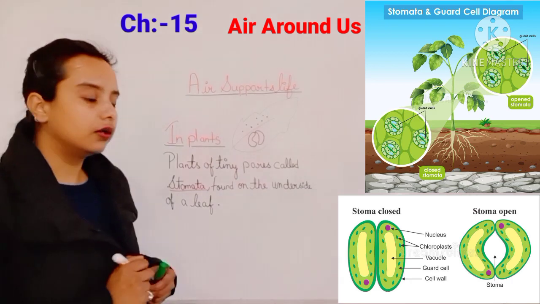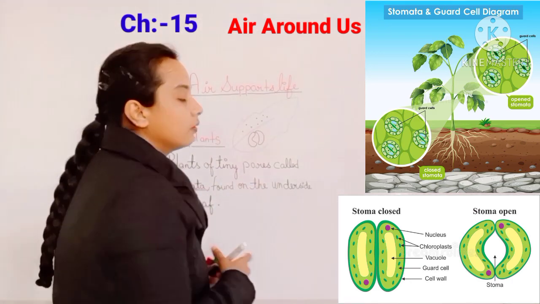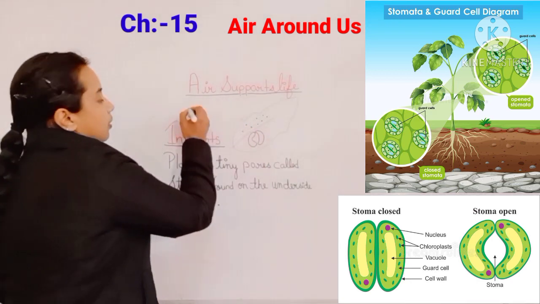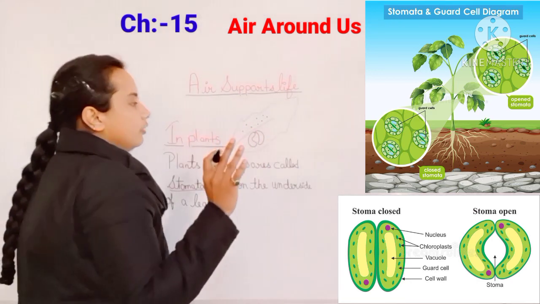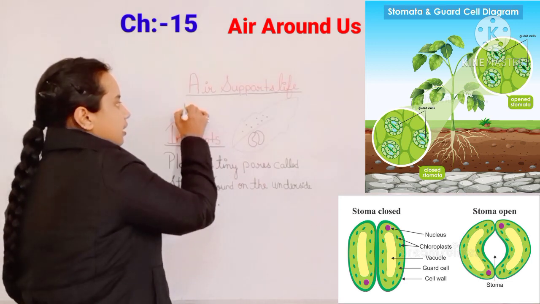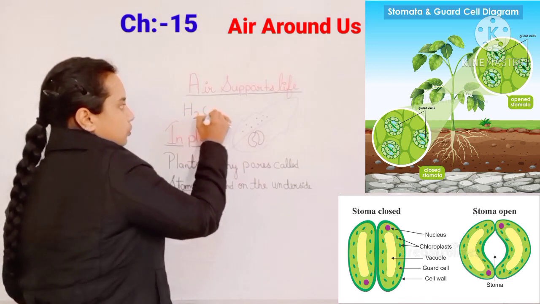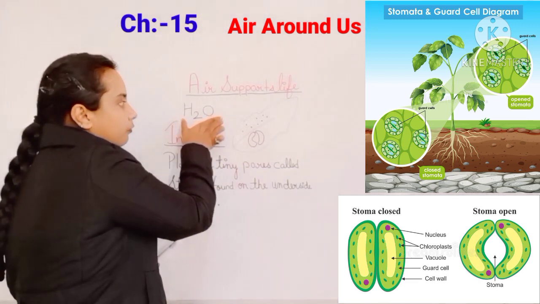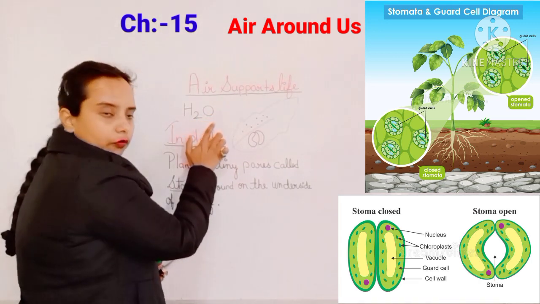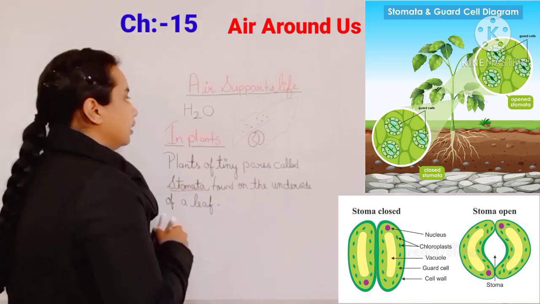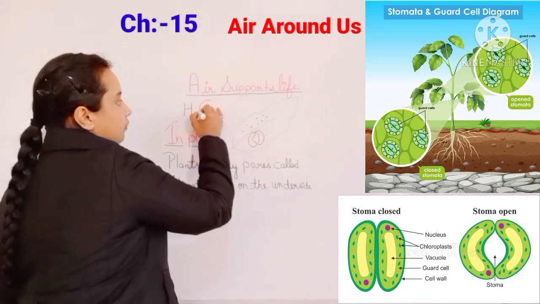How is oxygen present in dissolved form in the water? Basically, the chemical formula of water is H2O, and this formula stands for water. Oxygen is present in the water in dissolved form.